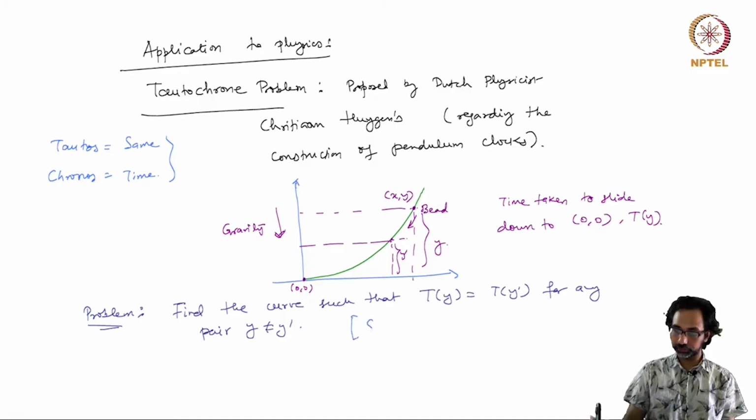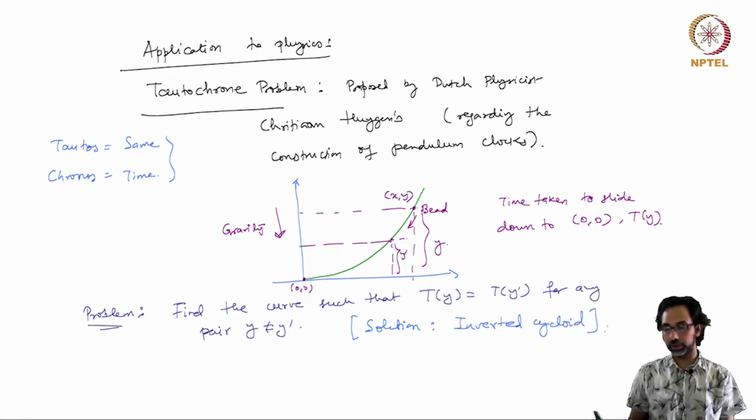So the solution was given by the inverted cycloid curve. We will see what the equation of this curve is, and we will consider Abel's solution to the Tautochrone problem.